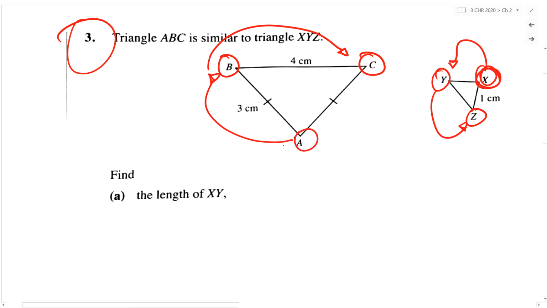Okay, now let us find the length of XY. We can do this based on the names of the triangle. All you need to do is search for XY. It is found over here. Okay, so next question for those who are sitting up. XY corresponds to which side of the triangle?